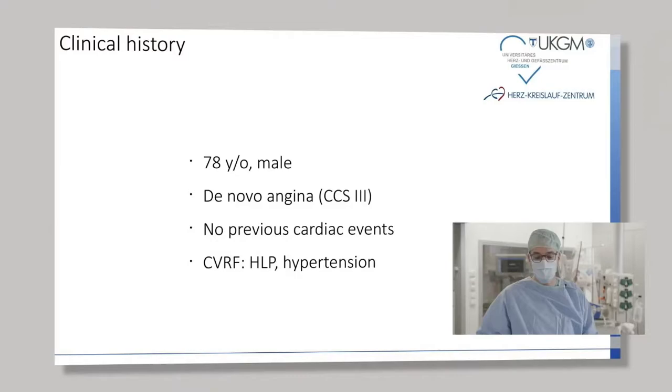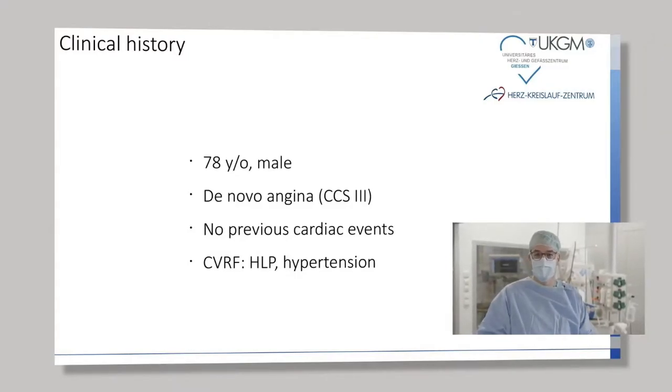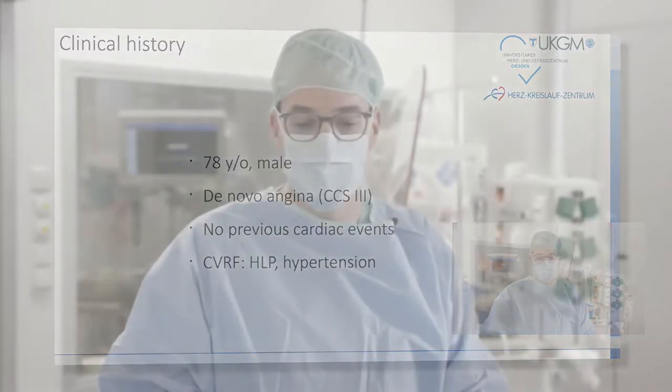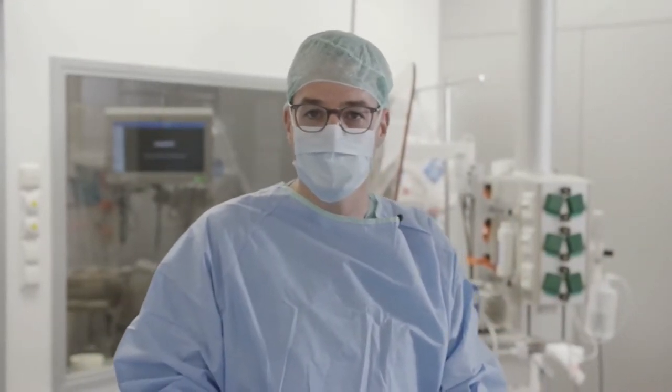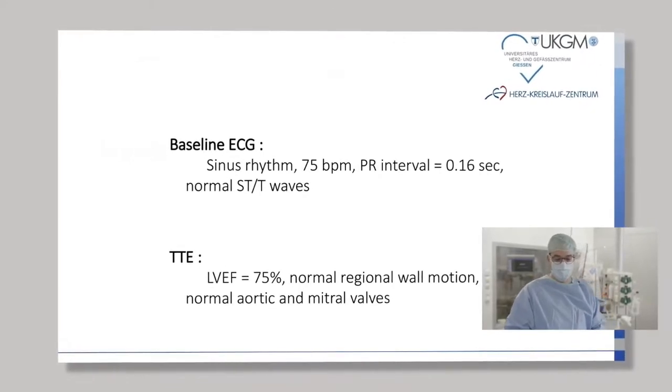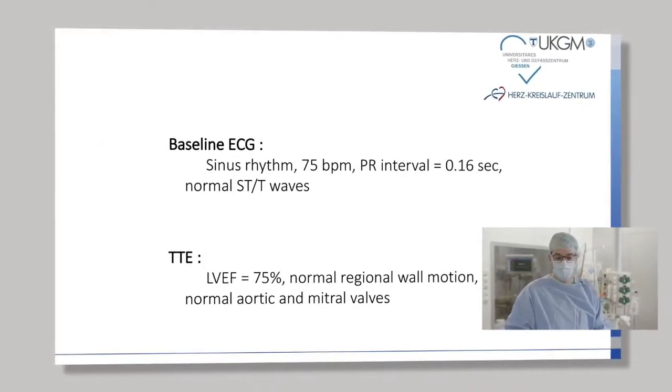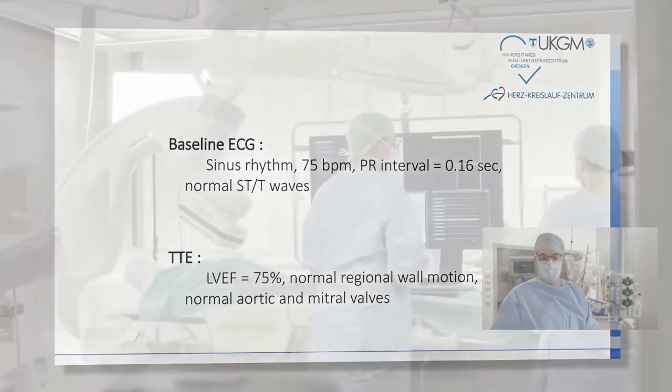There are no previous cardiac events so far in this patient, but there are typical cardiovascular risk factors like hyperlipidemia and hypertension. There's a normal baseline ECG in this patient, and the TTE shows normal regional wall motion with no disease in the aortic and mitral valve.